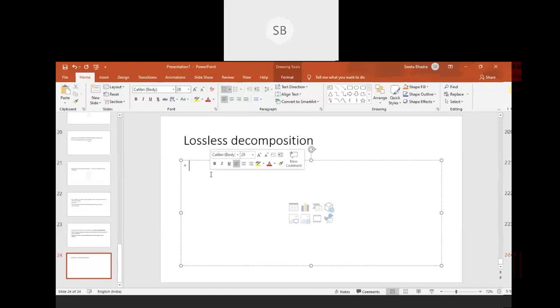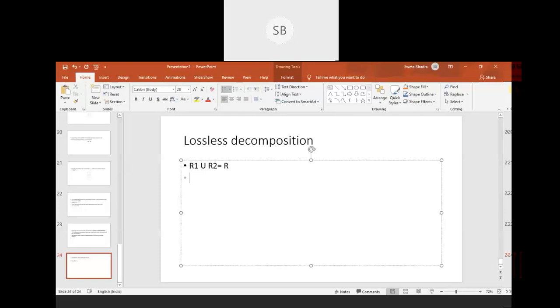There are 3 criteria that need to be fulfilled. The first is that R1 union R2 equal to R. This is the first criteria, that for any lossless decomposition, when you union the two decomposed tables, you should get the original table.